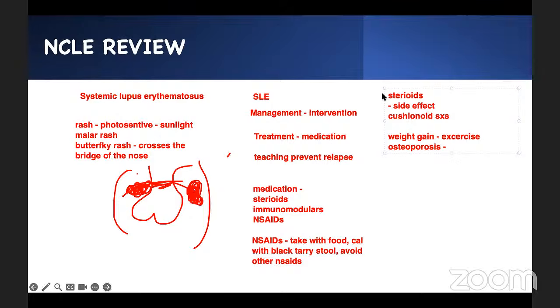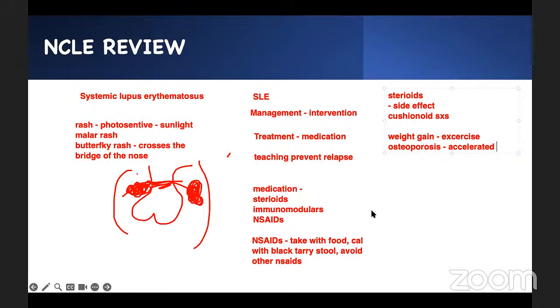Right, one of them. And think about this patient. What is the biggest problem with this patient? I told you, sun exposure. Therefore, if this patient is taking steroids, there is an accelerated rate of osteoporosis. Why is there going to be an accelerated rate of osteoporosis in this patient?